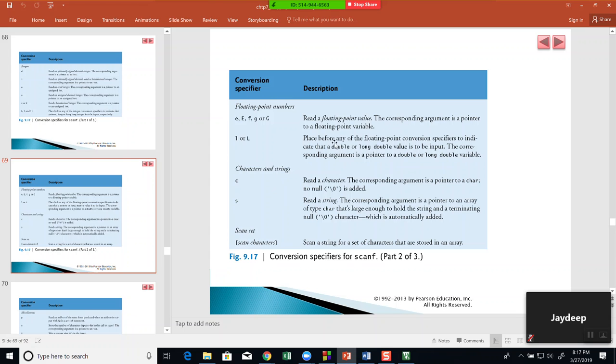Let's see, floating point. How in the world do you read a floating point value?